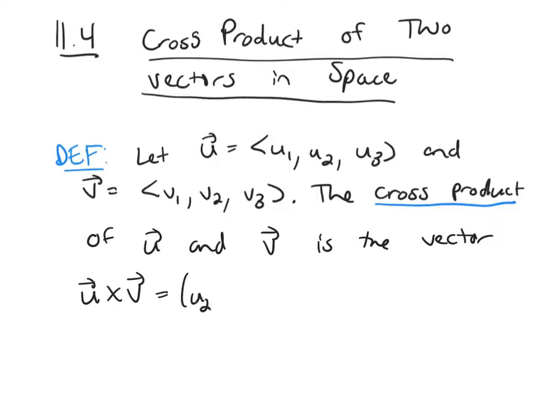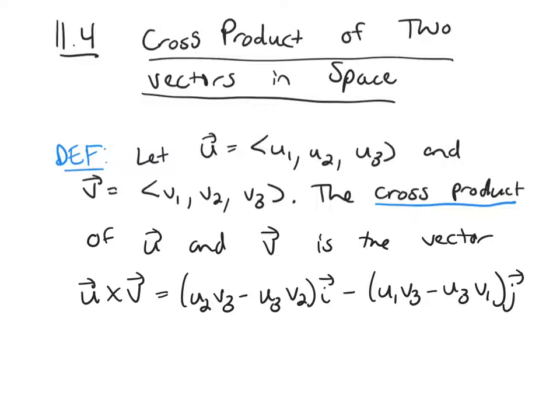It'll be (u2 v3 minus u3 v2) i, minus (u1 v3 minus u3 v1) j, plus (u1 v2 minus u2 v1) k.